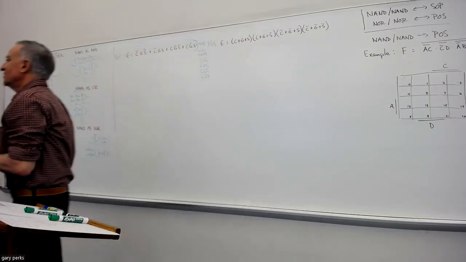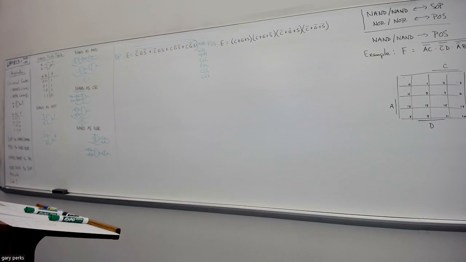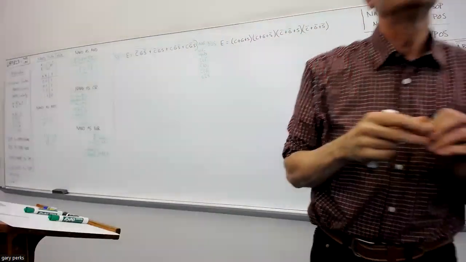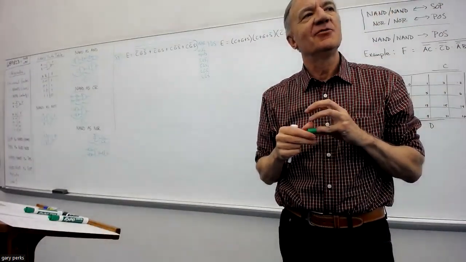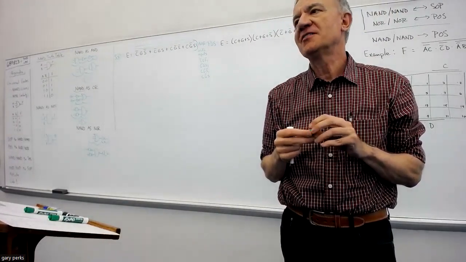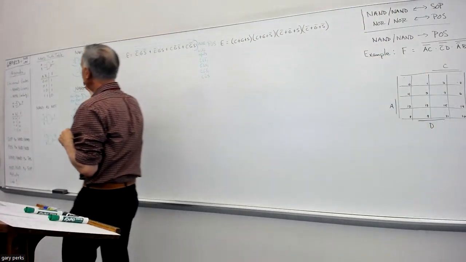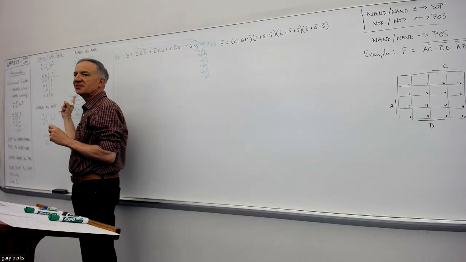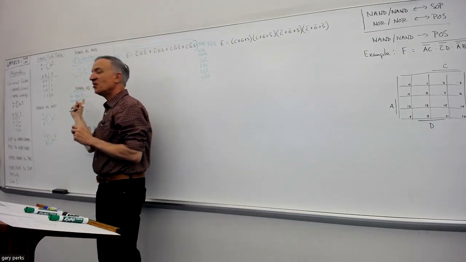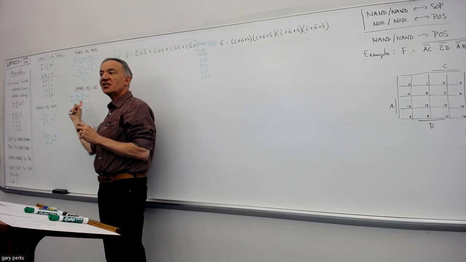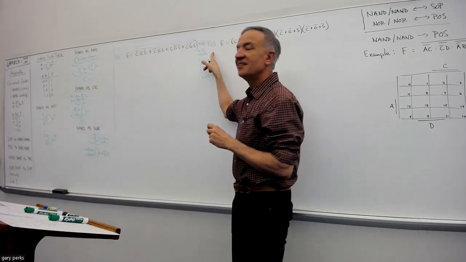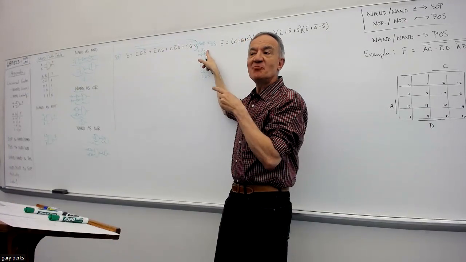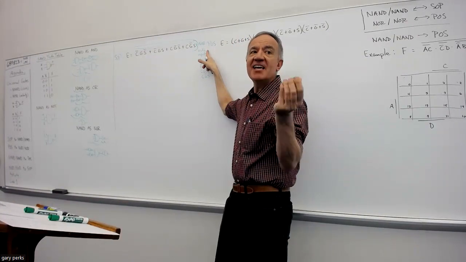From De Morgan's, we know that a NOR is equal to what? What did we say earlier? A NAND is an OR with inverted inputs. A NOR is similar: it's an AND with inverted inputs.